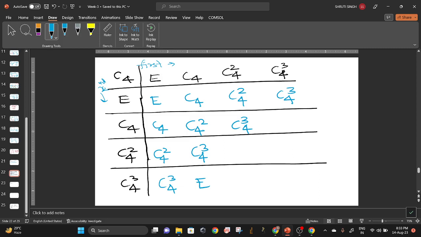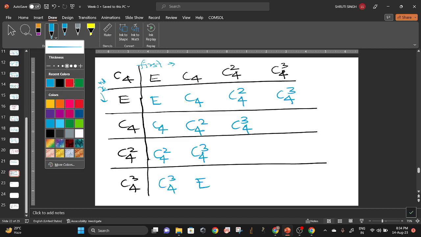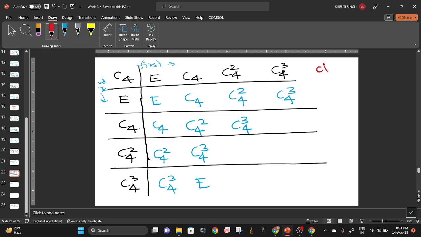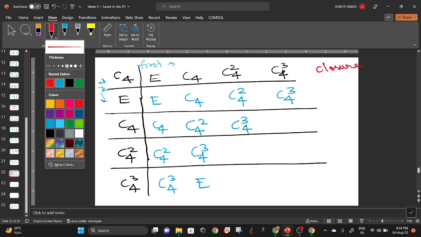So what property is this? This is called the closure property. Closure is like close. Whatever answer you are getting is within the group itself, not from anything outside.